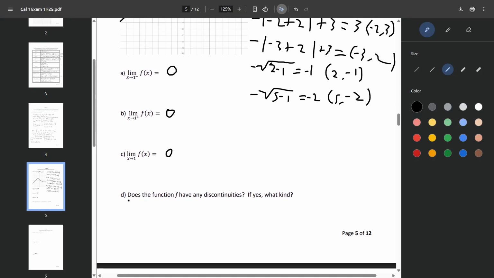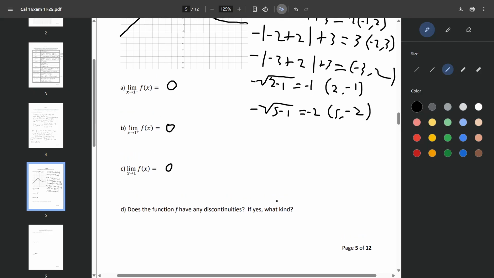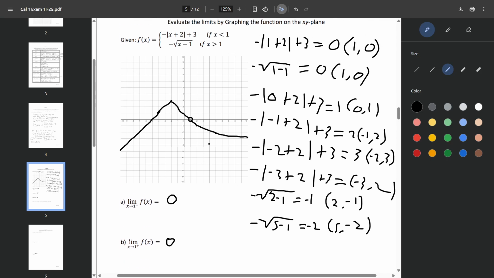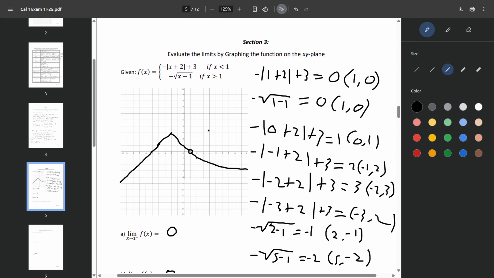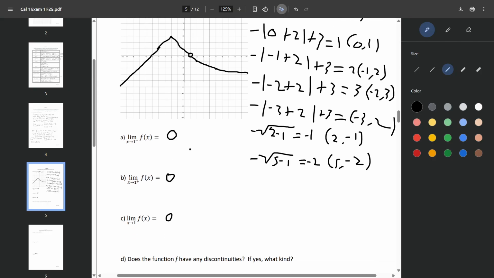And finally, question D, which is, does the function f have any discontinuities? If yes, what kind? And yes, our graph does have a discontinuity at x equals 1, because since our equation is only less than 1 and greater than 1, we don't have a value at f of 1, and so because of that, we have an open circle in our graph at x equals 1.